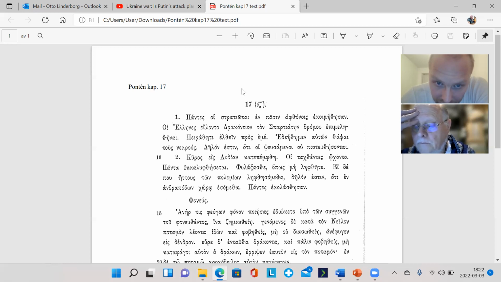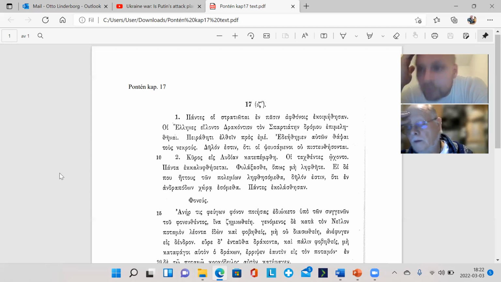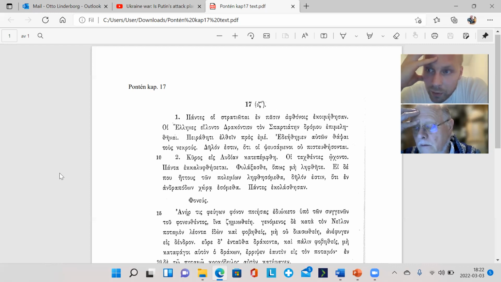Then the next one, so those who were drawn up in battle. Is it an imperfect? Yeah, it's an imperfect from oichomai, which means to go. So those who were drawn up in battle went. Yeah, nothing more than that.